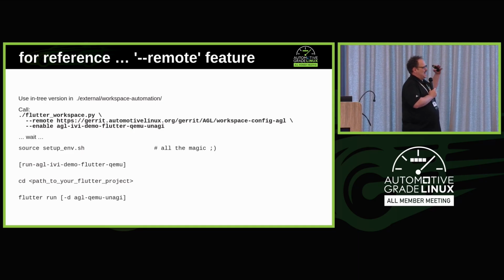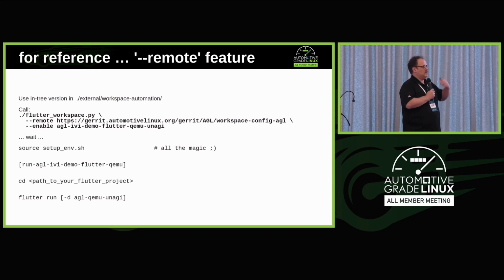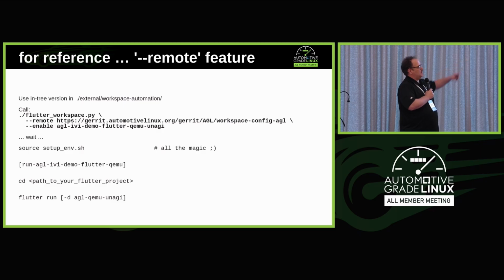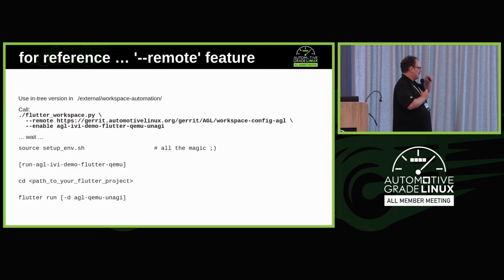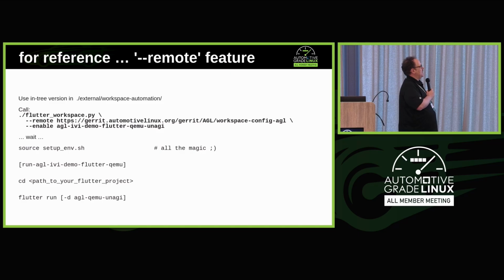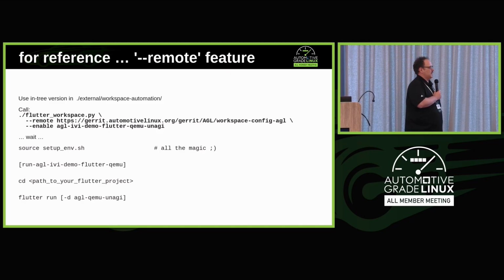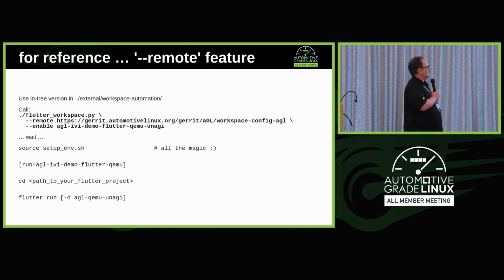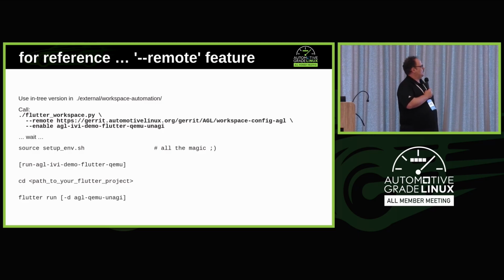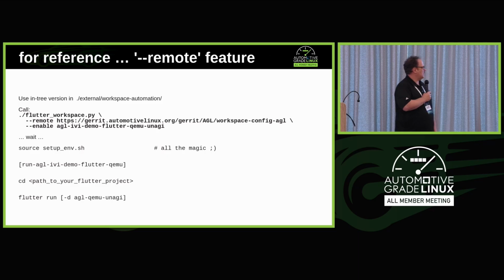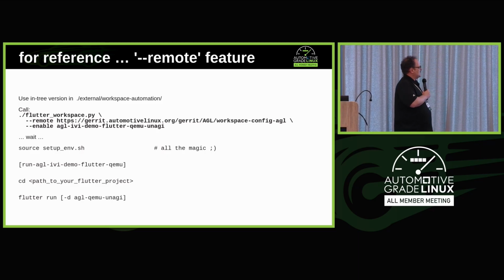This just adds the configuration file into the config folder essentially, and then you can enable a feature with the enable flag. So for example, there are 2 configs available right now for Unagi: the QEMU Unagi config and the Pi Unagi config, as we will see.